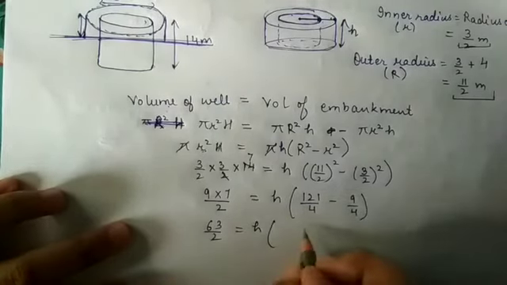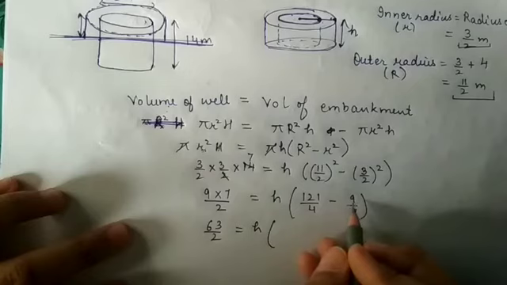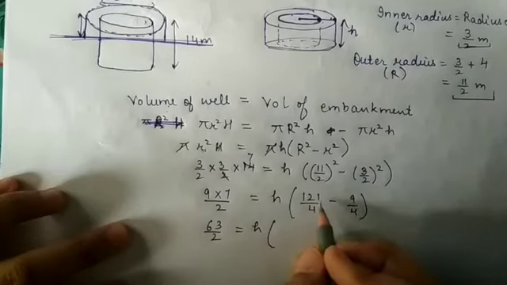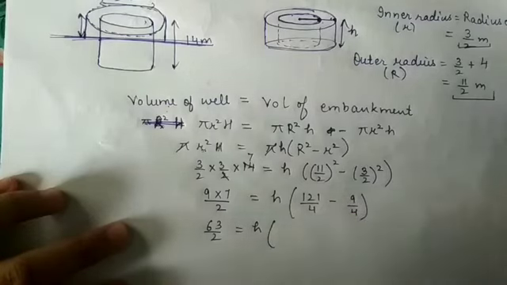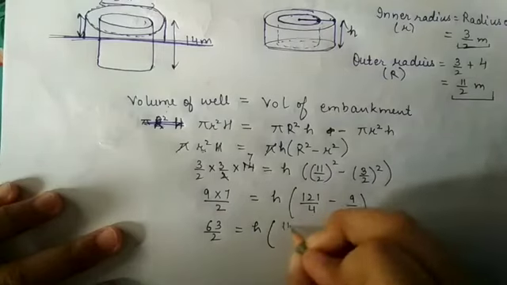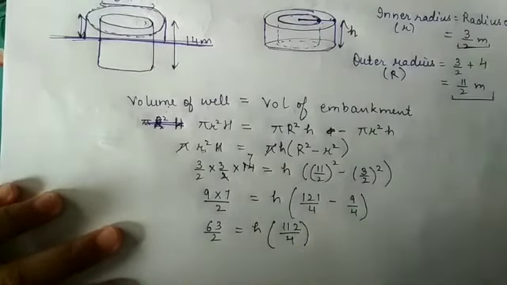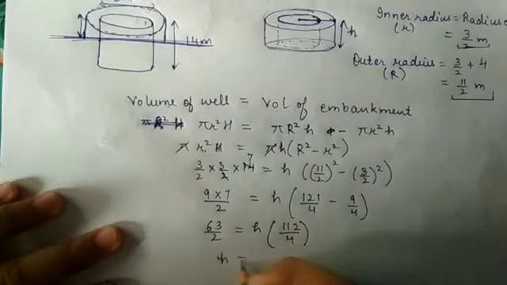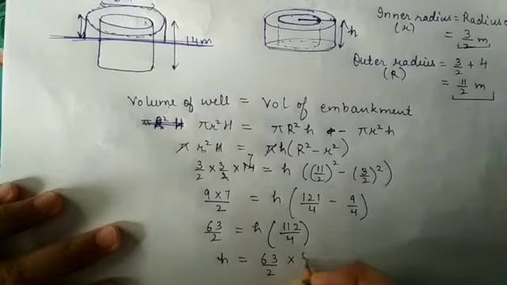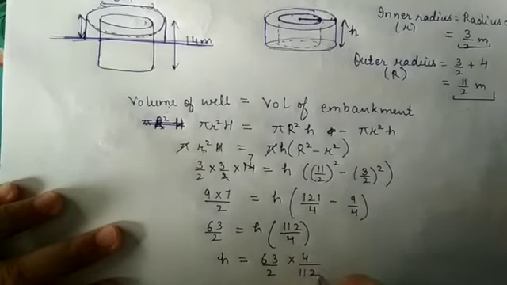Here on taking the LCM, 121 minus 9 would be equal to 112 upon 4. So from here you will get h is equal to 63 by 2 into 4 upon 112.